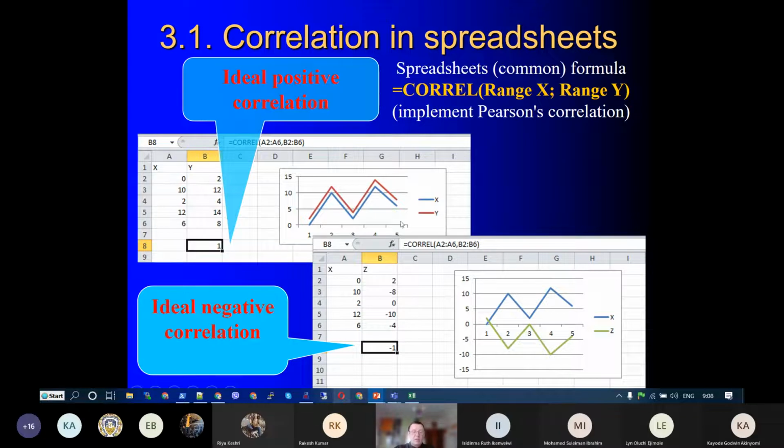And it's also very easy to see what positive and negative correlation mean. In the case of positive correlation, both variables follow one another. In the case of ideal negative correlation, we have something like mirroring of the variable values.